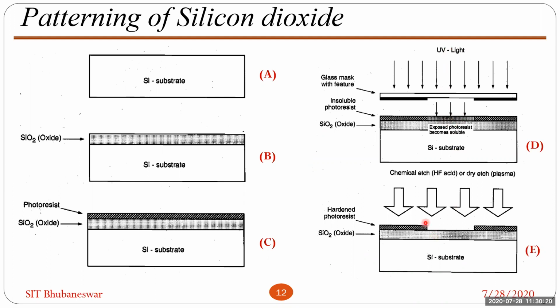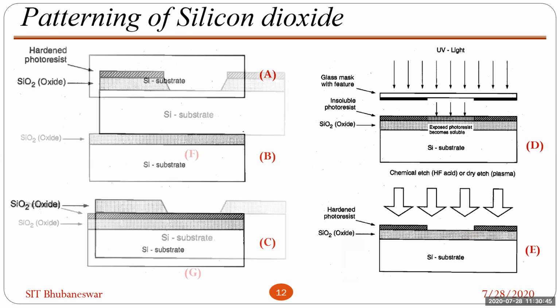The next part is generally called etching. If you remove this part, it's called etching. Here you can also etch the oxide part. For that we will use some HF, some oxide solvent, so we will remove that part also.